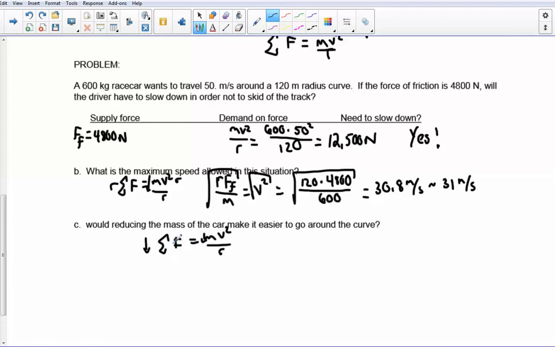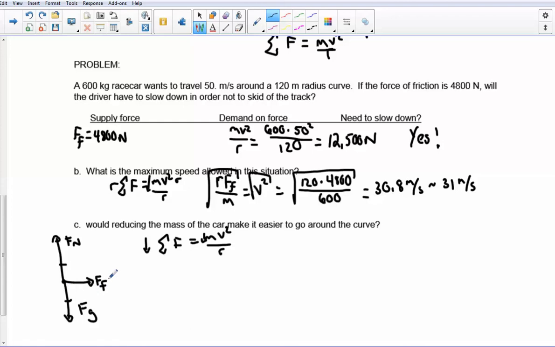But we have to ask ourselves, what is causing that car to go around the turn? If we draw the free body diagram for the car going around the turn, we have the force of gravity and the normal force, which are equal. And let's assume they're making a right turn, then there must be some rightward frictional force.